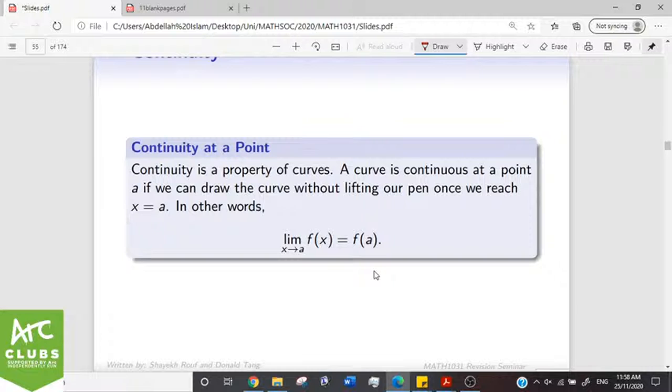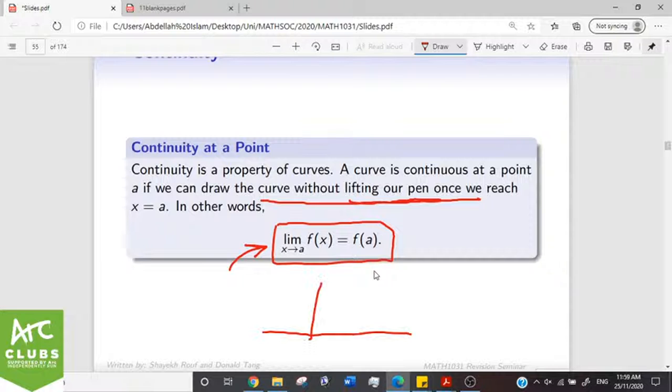This is why limits are important, because we need them to define what continuous functions are. We say a function is continuous if we can draw the curve without lifting our pen, and this corresponds to this more abstract definition here. For example, this curve I drew without lifting my pen, but for a curve that kind of looks like this, I'd have to stop and then keep going to draw it.